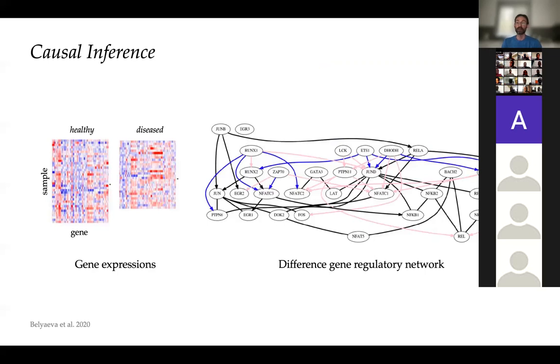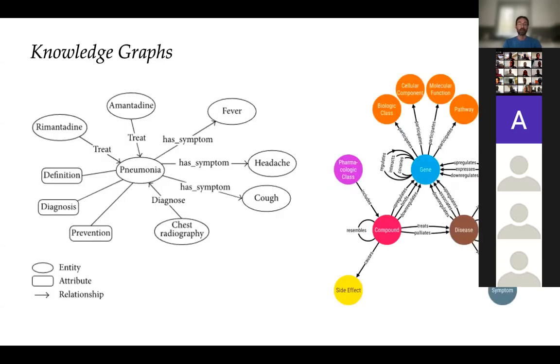The way you can describe it on the cellular level is this gene regulatory network, where you say that if, for example, a gene is expressed or not expressed, this is what causes the disease. And you can try to build this graph that explains the mechanics of how this disease works, or how a therapy, for example, works. So this is also very important. And of course, in many cases, we must have this interpretable result in order to understand and take action.